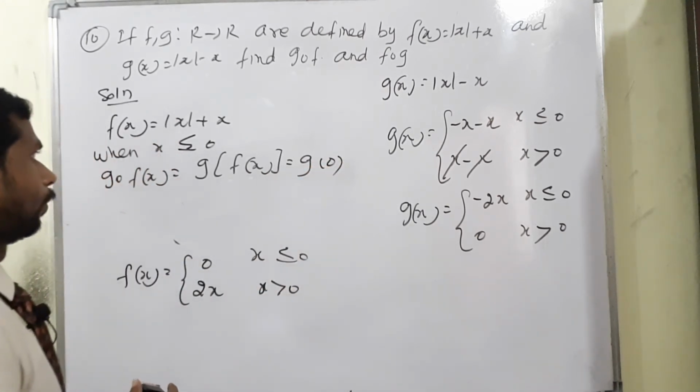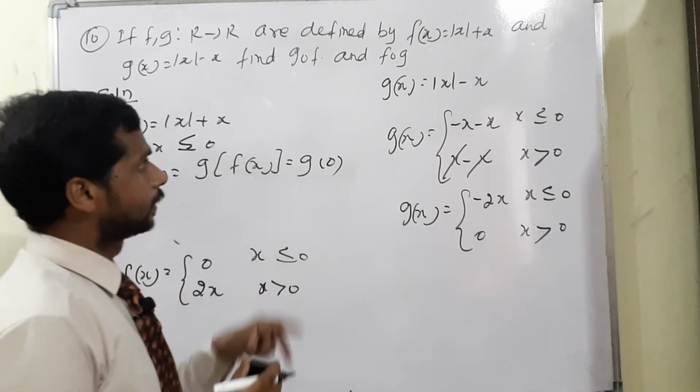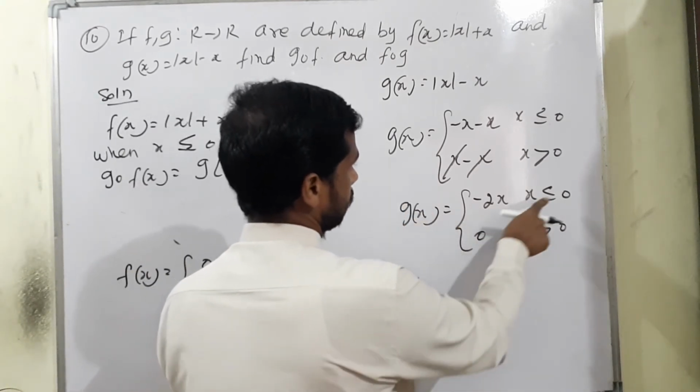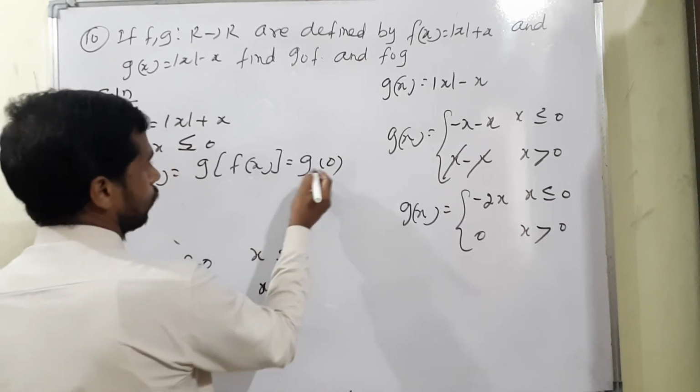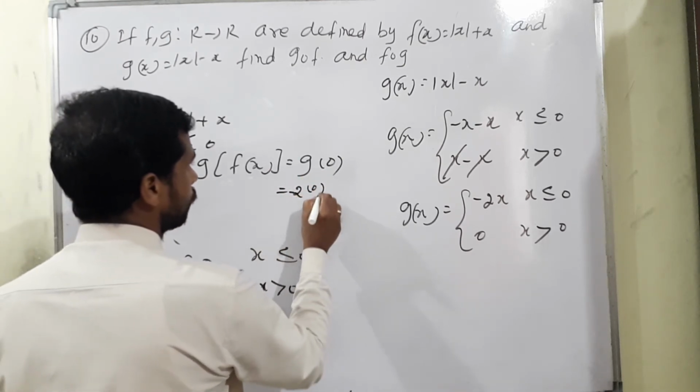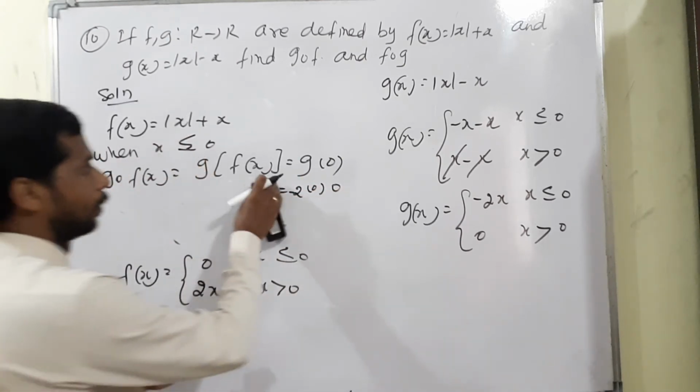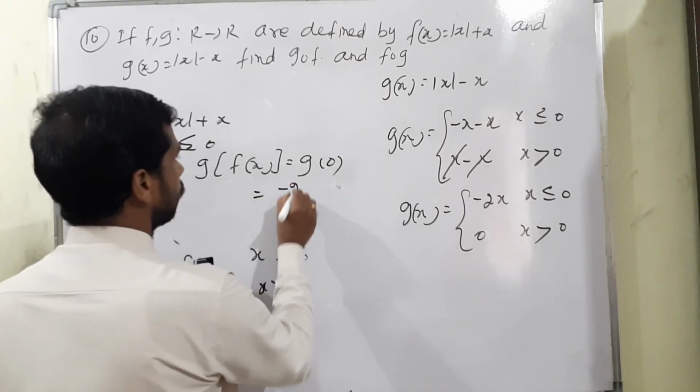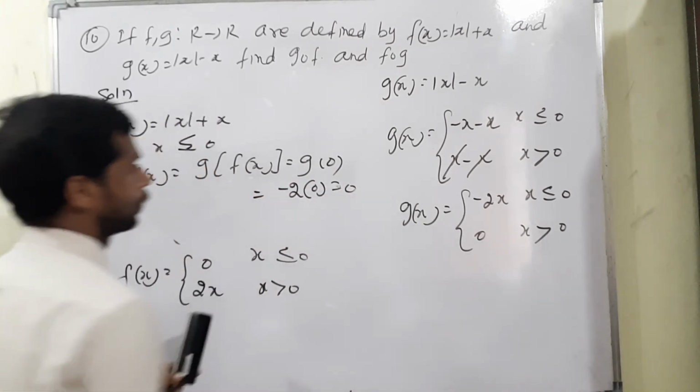Therefore, g(0) = -2x, so -2 into 0, the value will be 0.